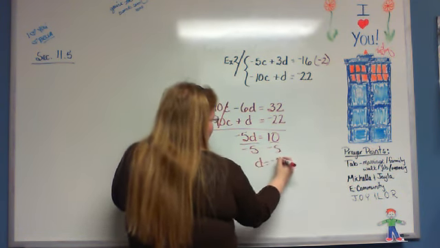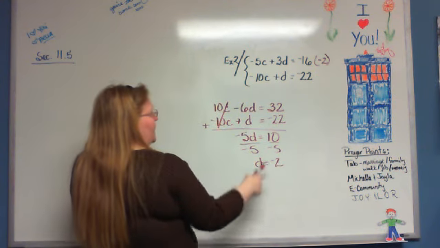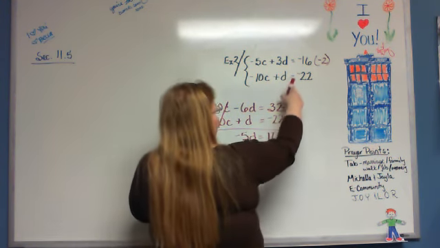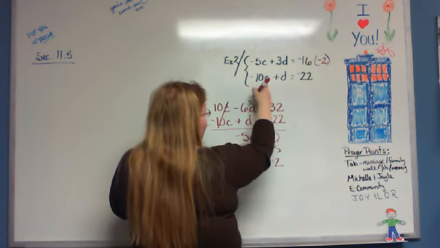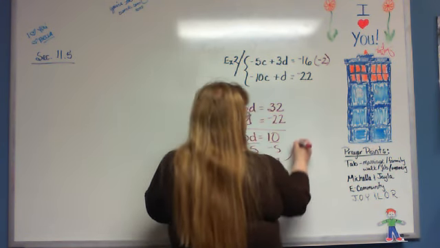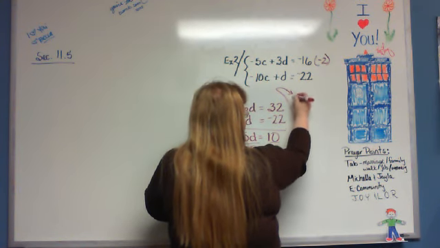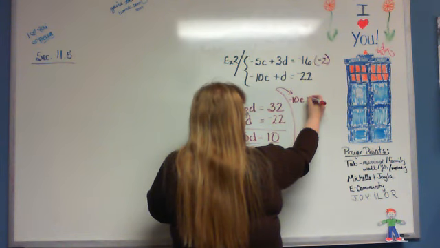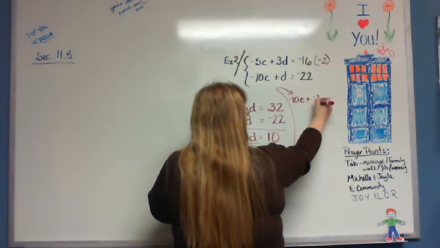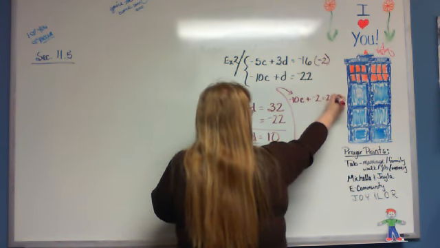So d is equal to negative 2. And then I can plug it back in to either here, here, or here. Let's go here. So I get negative 10c plus negative 2 is equal to negative 22.